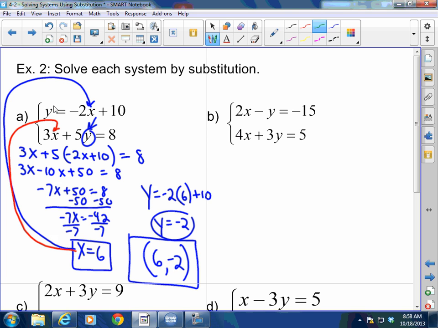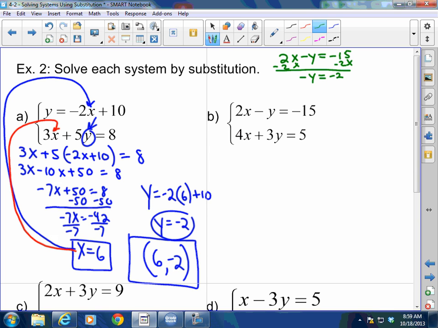Okay. For here, I don't have one of the variables already solved for. Which one, in your opinion, would you like to solve for first? The top y here? Yeah, I agree with you 100%. So I'm going to go over here, 2x minus y equals negative 15. I'm going to subtract 2x to both sides.